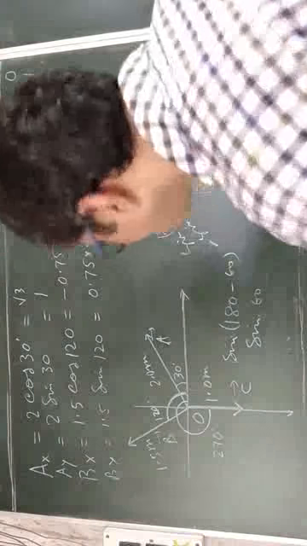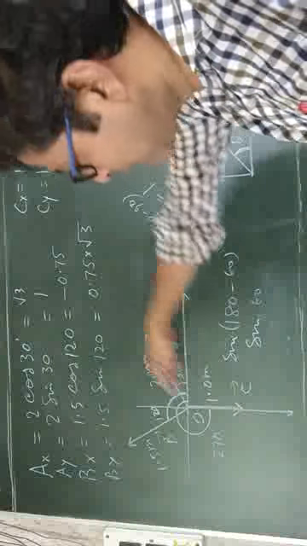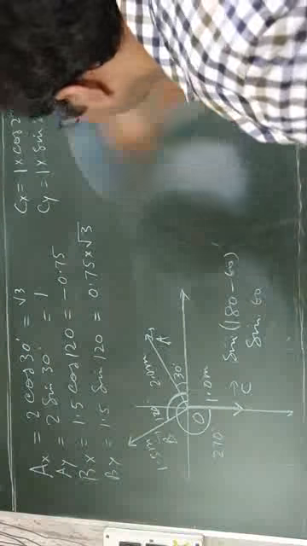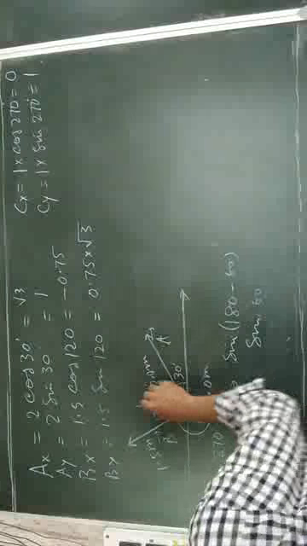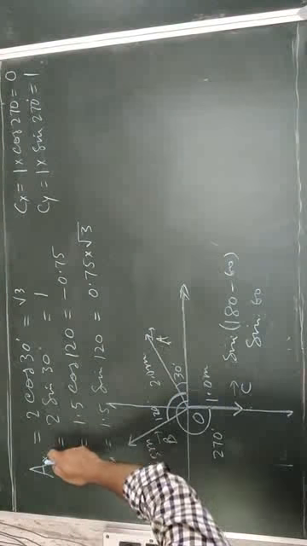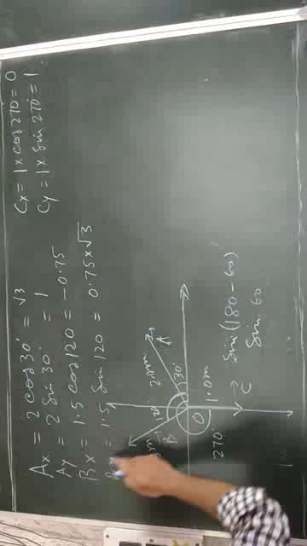After breaking all those vectors into x axis and y axis, you get all the components along only positive x axis and positive y axis.